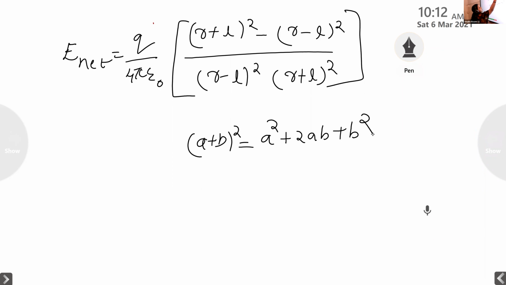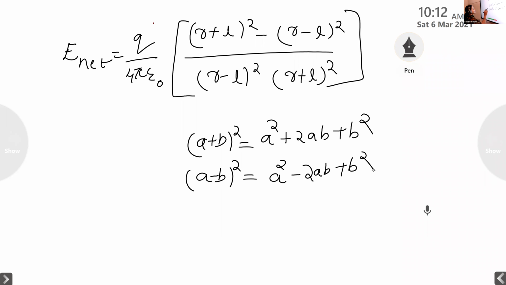Similarly, here R minus L the whole square is of the form A minus B the whole square. What is A minus B the whole square? A square minus 2AB plus B square.